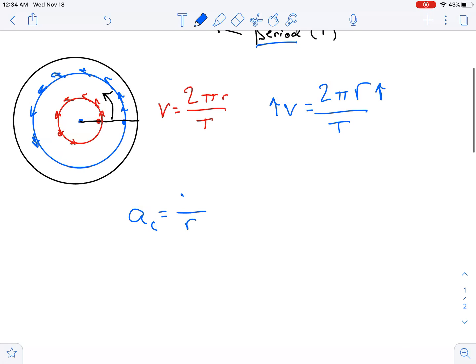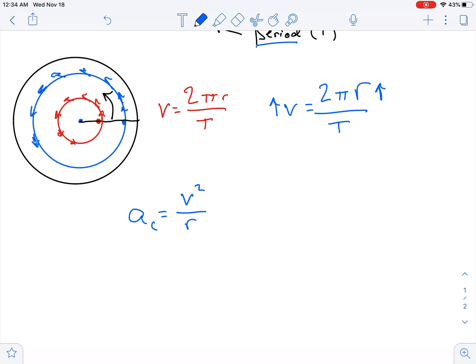Ultimately, it's not just a relationship of v, but it's v squared. So my centripetal acceleration, my center-seeking acceleration, is equal to v squared over r. For any object that's traveling in a circle, I can calculate that acceleration by using v squared over r.